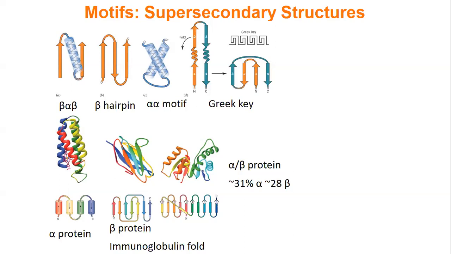And in fact, some proteins, their tertiary structure are just secondary structures. What I mean by that is some proteins, their whole shape is a giant secondary structure. They might just be a giant alpha helix, or they might be what's called a beta alpha beta, right? Where you have beta sheet, alpha helix, beta sheet.